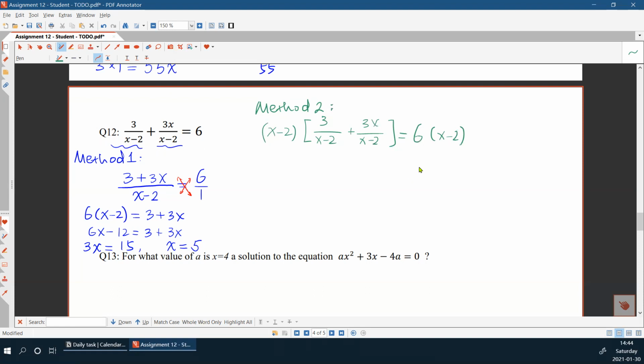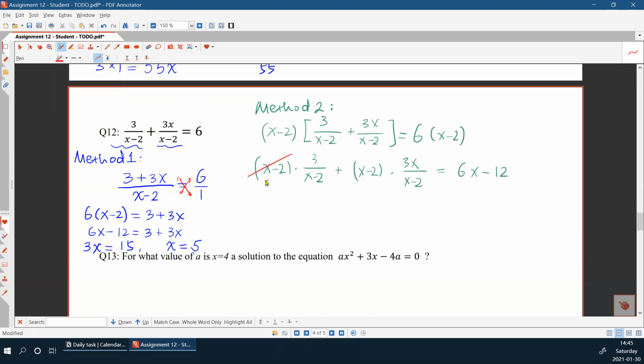Any questions? Okay, next, by the distributive law, the left-hand side becomes the sum of the two terms here, right? Okay, and then at the same time, we can expand the right-hand side, right?